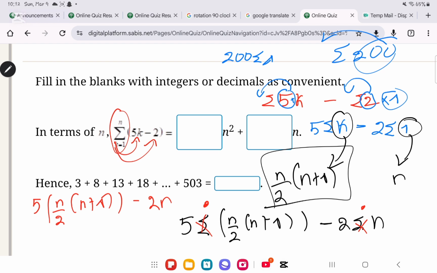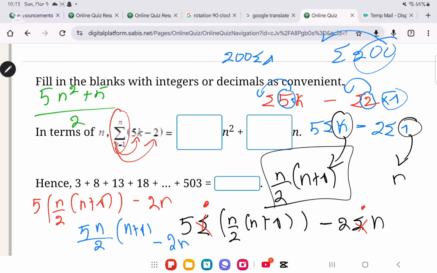So if you solve it even more, you're going to get 5n over 2 times, sorry, times n plus 1, okay, minus 2n. Then distribute it even more, you are going to get 5n squared plus 5 over 2, okay?